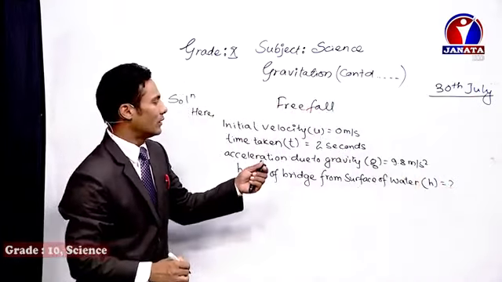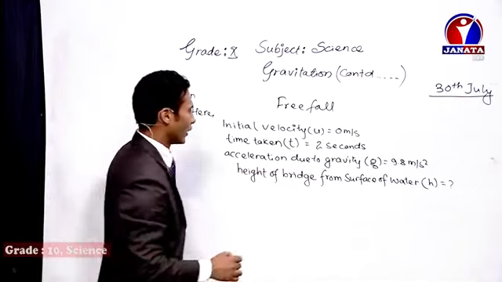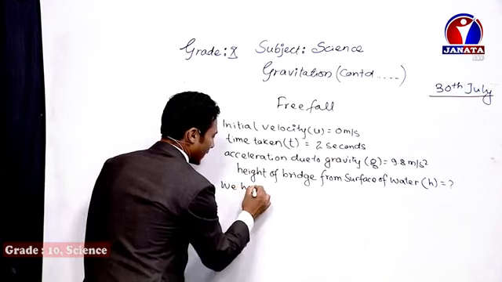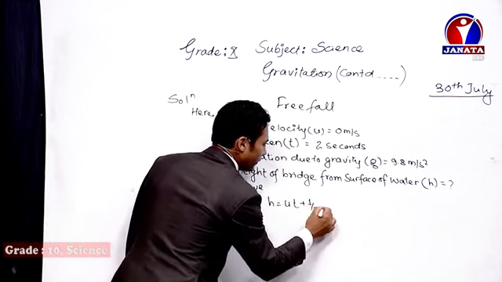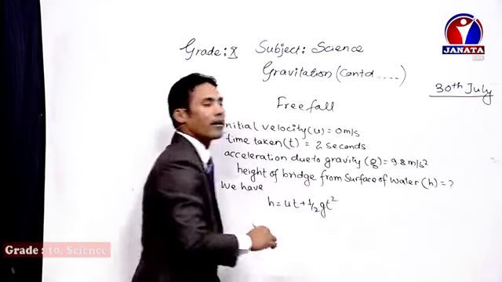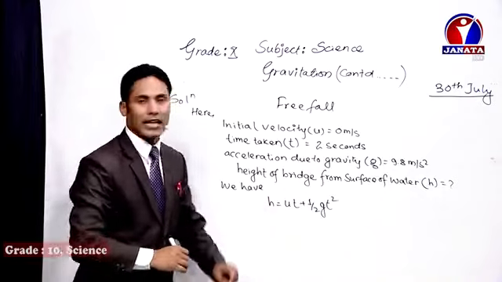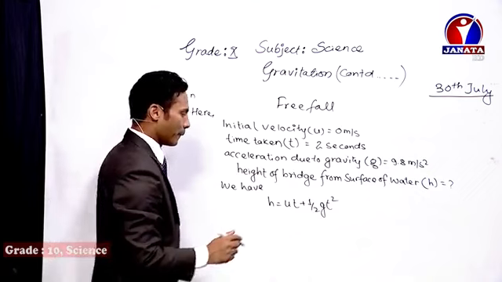So previous one, whatever we have discussed previously, the equation, we will use one of that. Here height is there. So the formula we use is h equals to ut plus half gt square. As we need to calculate the height, the formula we use is this one, right?